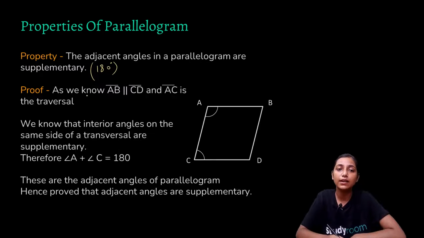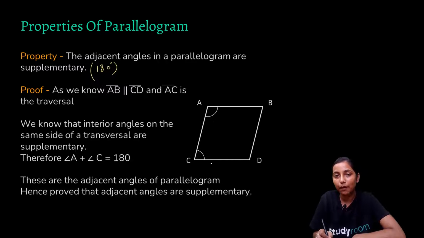How do we prove it? We know that AB is parallel to CD, and AC is the transversal. We know that the interior angles on the same side of a transversal are supplementary.